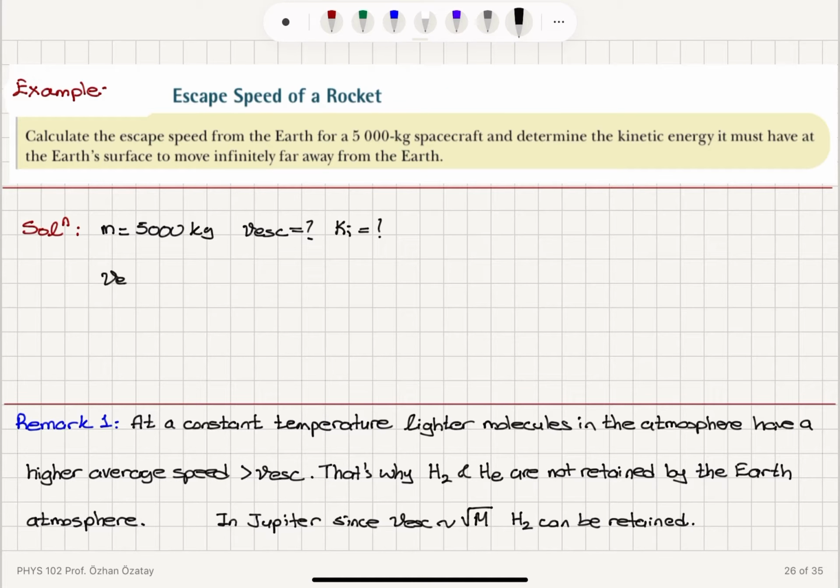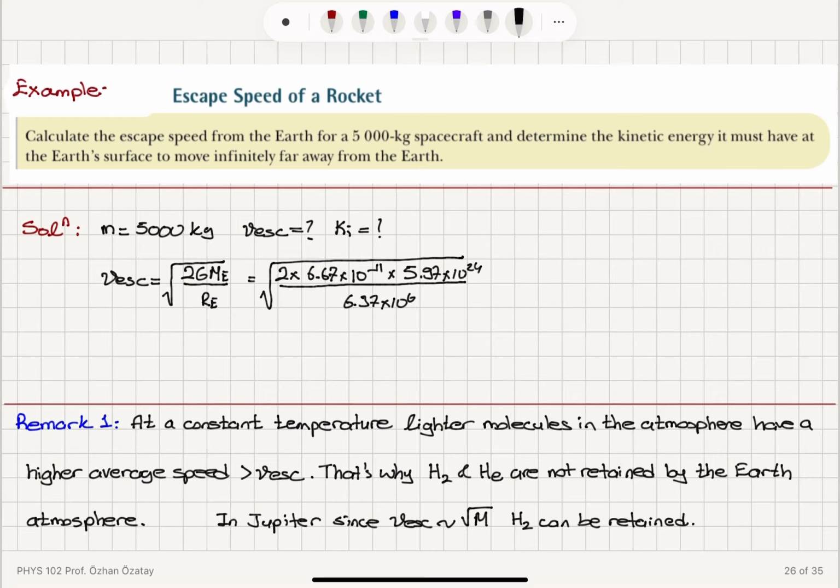Now the escape speed we have determined to be the square root of 2 G times the mass of the Earth divided by the radius of the Earth. So this is the square root of 2 times 6.67 times 10 to the minus 11, times the mass of the Earth, 5.97 times 10 to 24 kilograms, divided by the radius of the Earth, 6.37 times 10 to 6 meters.